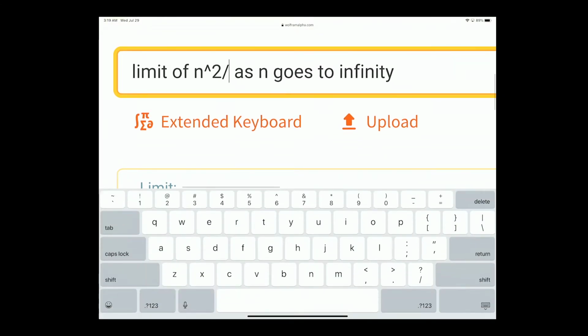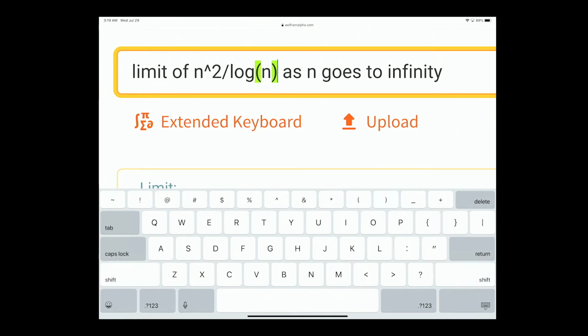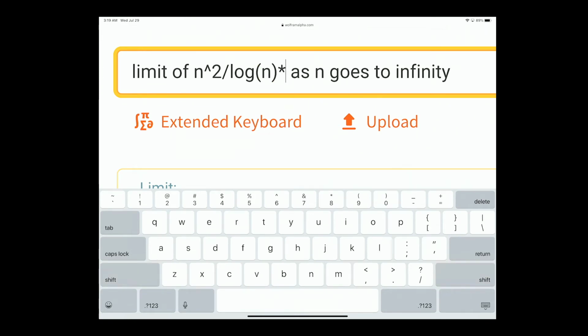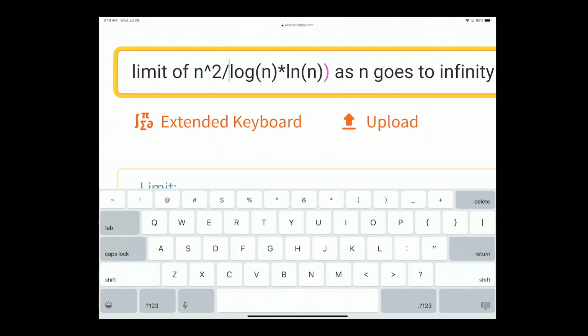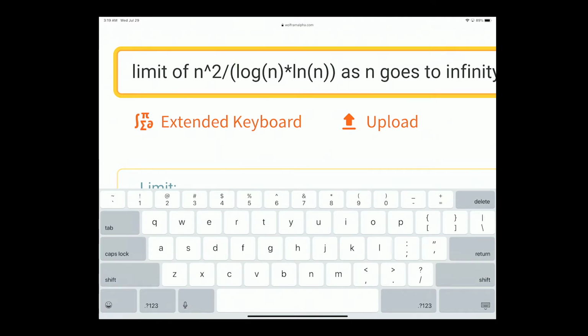If I take this one, what if I go log n times, what do I want to do? How about ln n? So I'm putting 2 logs on the bottom. By the way, I think Wolfram Alpha interprets ln n and log n the same, so even though I typed them in differently, I think it's the same.